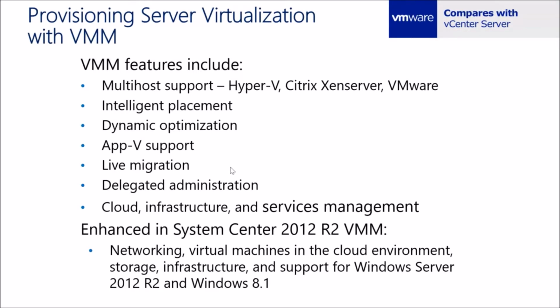It achieves this by using the live migration feature to move the virtual machines from the busy host, or the heavily utilized host, onto the less busy host, the underutilized host. There's also App-V support, and we'll talk a little bit more about App-V. It's not a very big part of this subject, but App-V is similar to VMware vApp in the sense that instead of treating virtual machines as individuals, we're able to group virtual machines as an App-V, which means we treat them as a group of virtual machines in one unit.